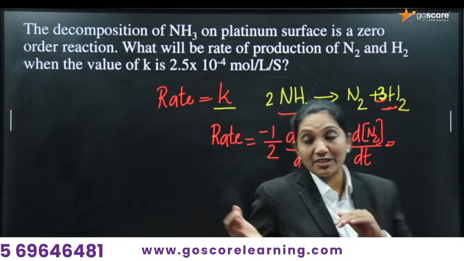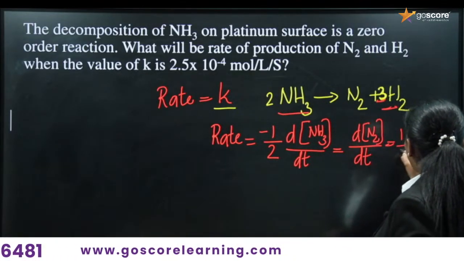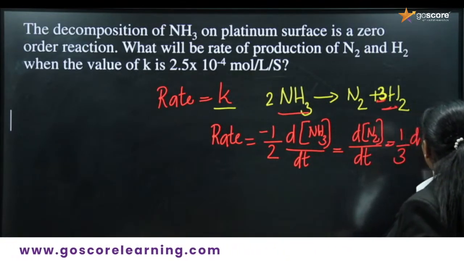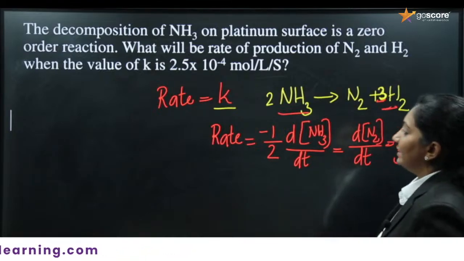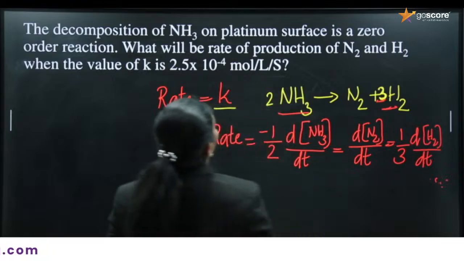So when we take the reciprocal, it will be 1 by 3 d[H2] by dt.